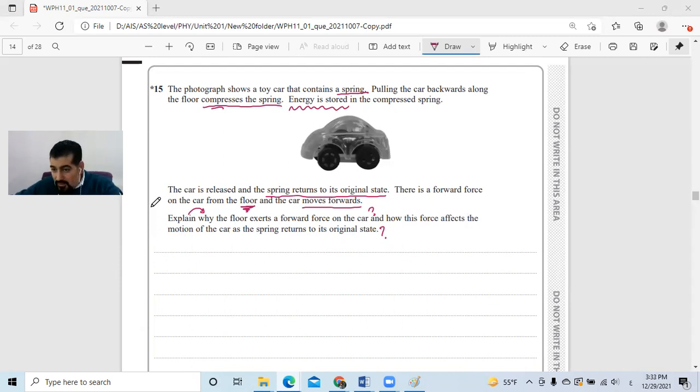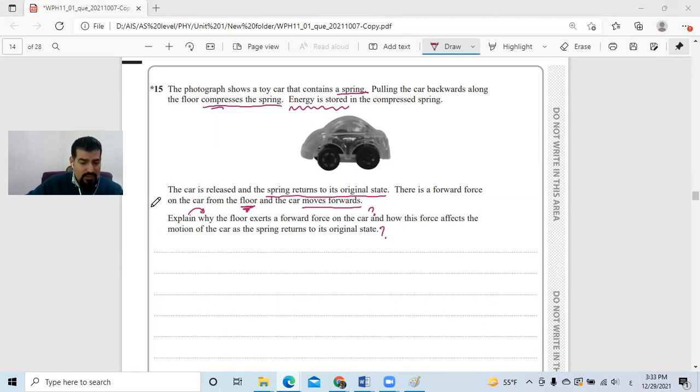Okay, what are the answers written? Some people wrote that the car's wheel exerts a backward force on the floor due to the spring's stored energy. Bravo. And so, due to the third law, the floor pushes the car forward.